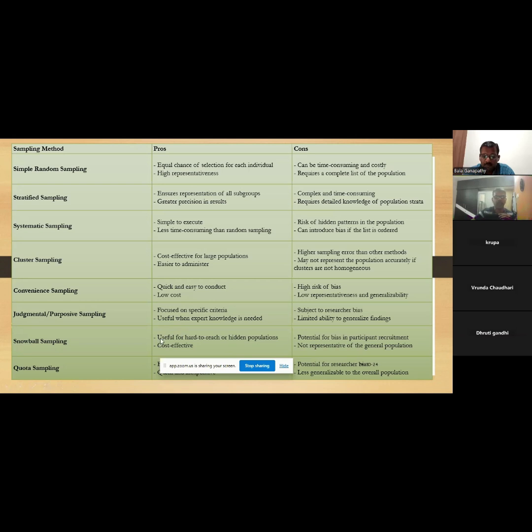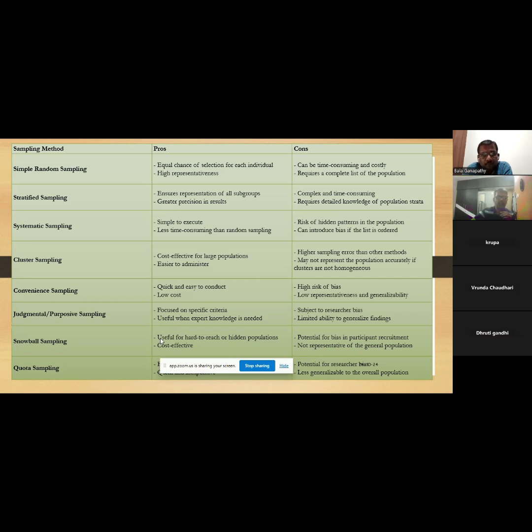Snowball sampling is used when we are not able to reach the population. For example, mostly in online surveys we use that. Suppose we are doing research with students of physiotherapy.